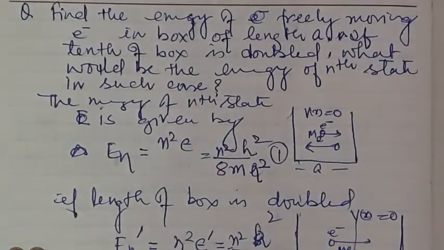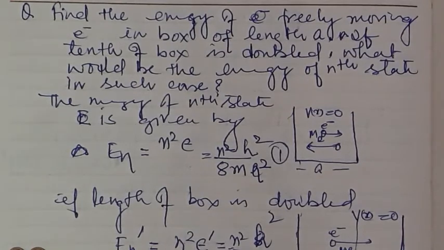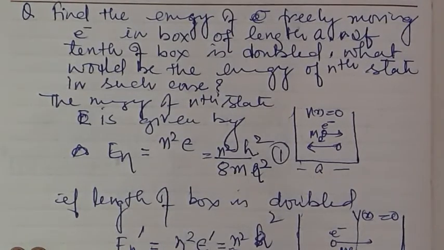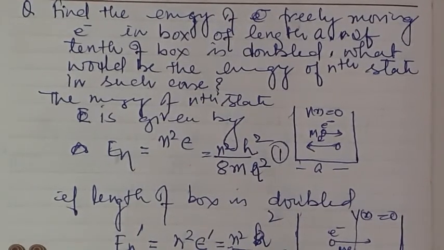One more very important problem I am going to discuss with you. Find the energy of a freely moving electron in a box of length a. If the length of the box is doubled, what would be the energy of the nth state in such a case? Look, the answer is very easy.